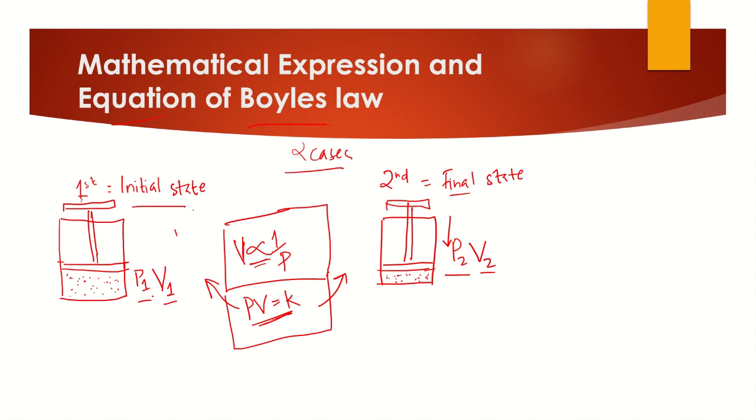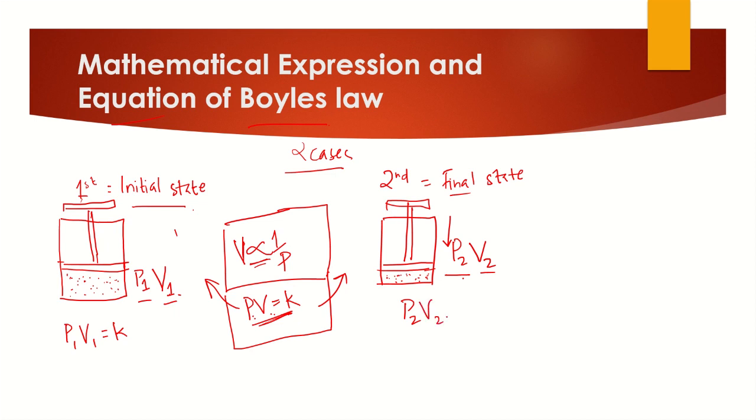So when we apply this expression to the initial state, our pressure is P1 and our volume is V1. So we will write it as P1 V1 is equal to K. And when we express this for our final state, our pressure will become P2, volume will become V2.